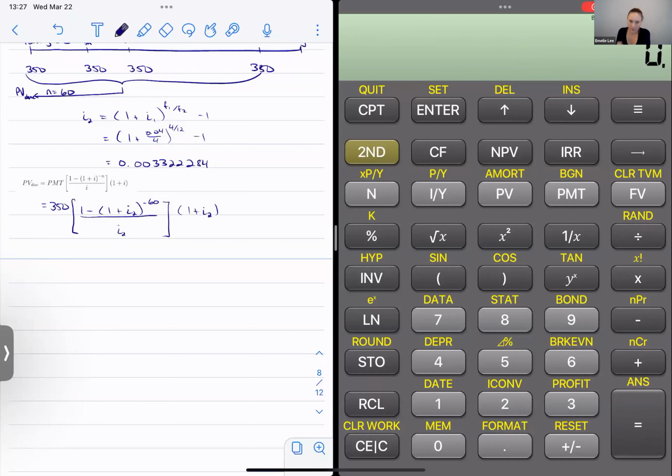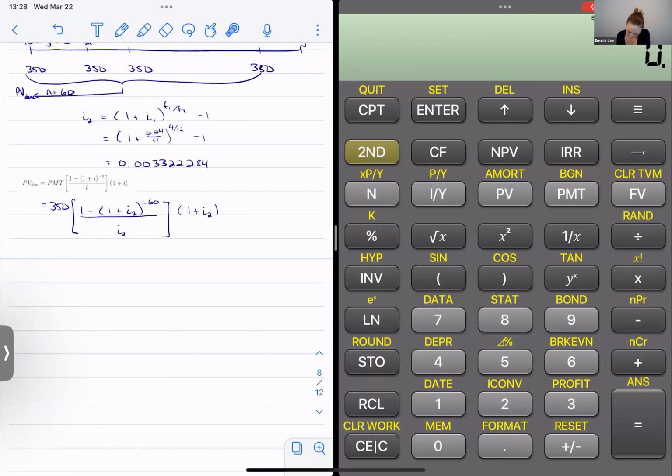So now we can use that. I'm going to start inside and build my way out, because this calculator is not as user friendly as the Desmos one. So I'm going to start inside here, 1 plus I2, which I've just stored in 1. Then I'm going to take it to the power of -60, then 1 minus that, divide it by I2, and then times 1 plus I2.